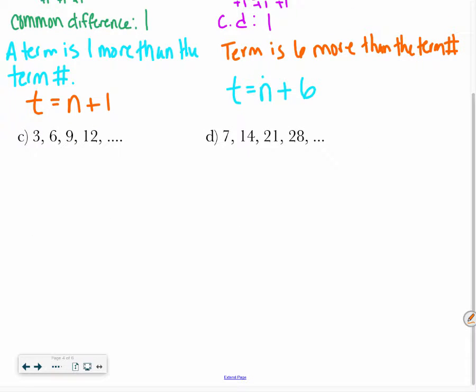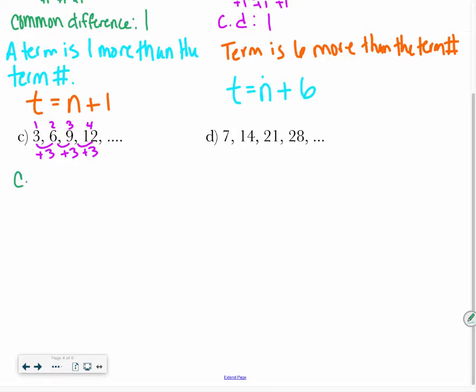So my first term is 3. My second term is 6. Third term is 9. Fourth term is 12. They're changing by 3 each time. How are these related? I see 3, 6, 9, 12, and I realize those numbers are all related.